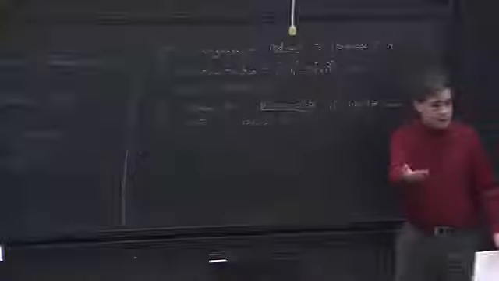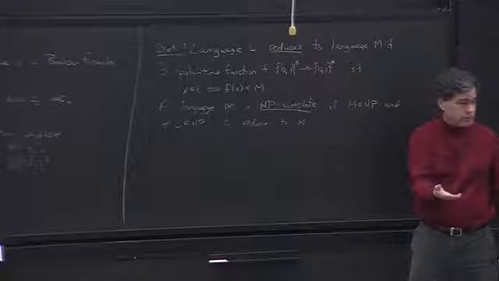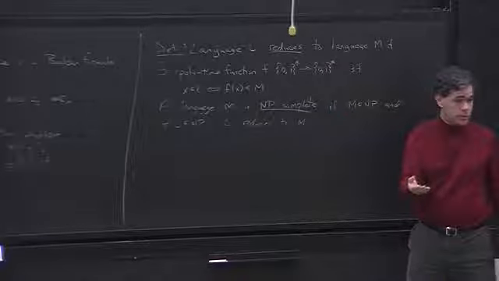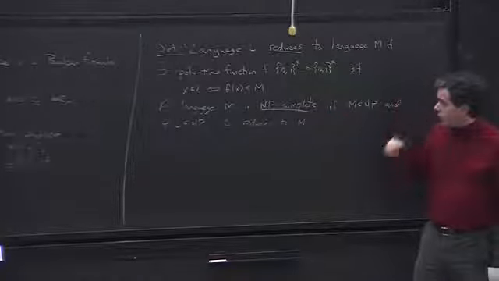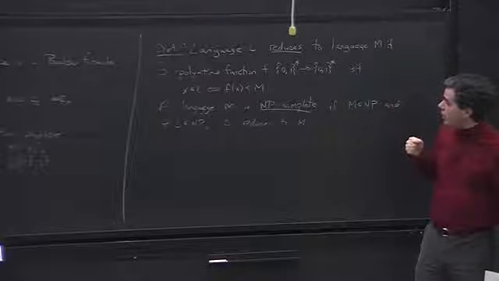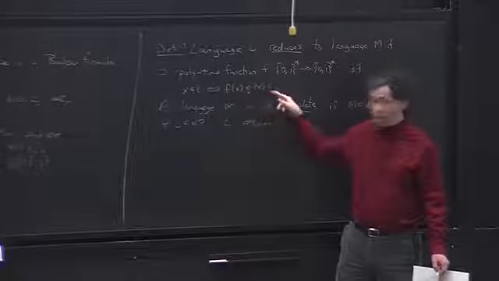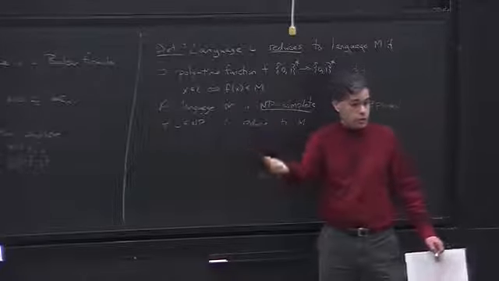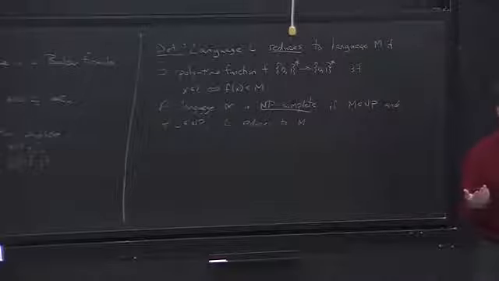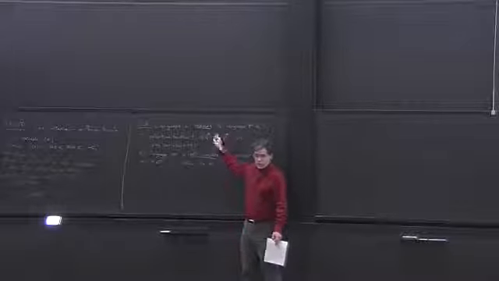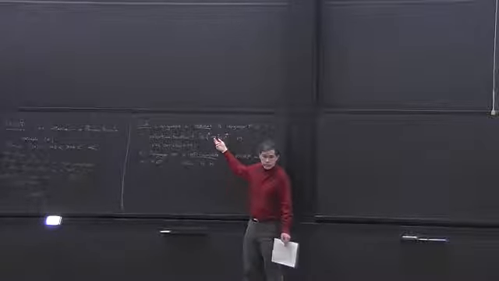Suppose you're given an instance x for L. Then you can plug it into this reduction, you get an instance of M, and then you solve M. If f(x) is in M, then x was in L. And if f(x) is not in M, it's a no instance, then x was a no instance of L. And so you solved L as well. But it doesn't have to go the other way, because as I said, f doesn't have to be invertible, and in particular, it doesn't have to be easy to compute the inverse, even if it is invertible.